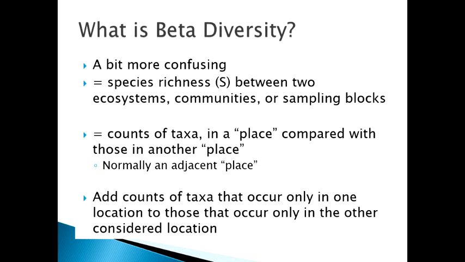And normally these are two adjacent places, next to ecosystems. There's an additive nature to it, such that you count the number of taxa that occur only in one of those locations, and then you compare it to the number of taxa that you count in that other considered location.